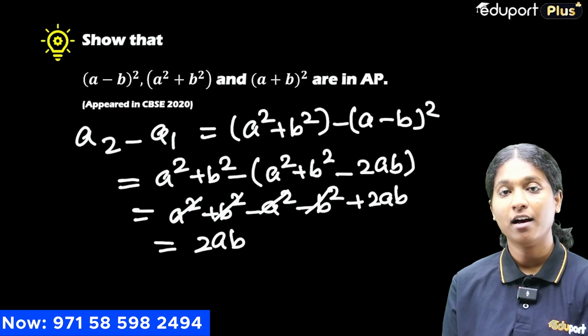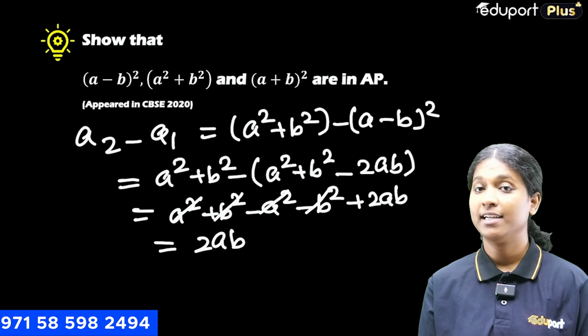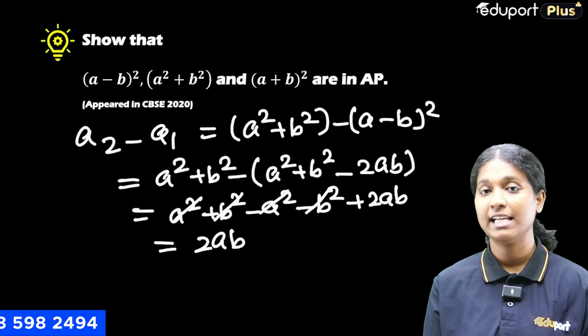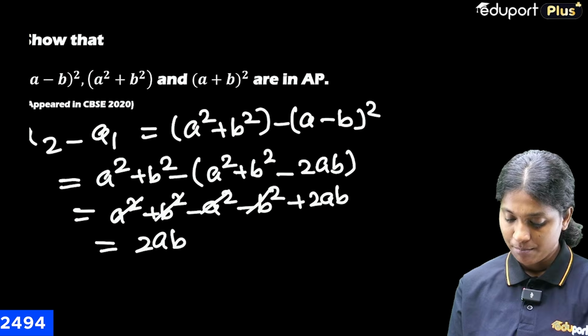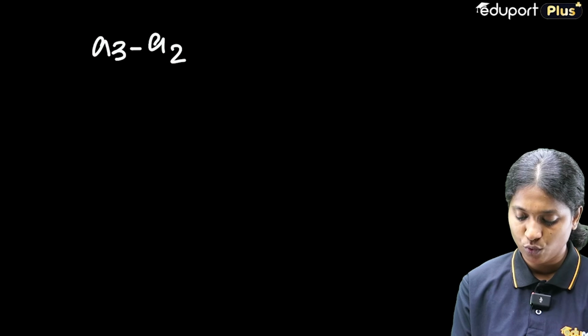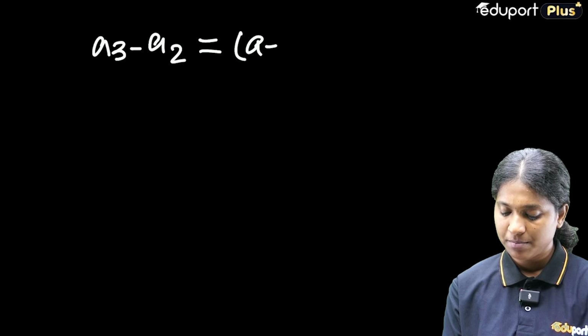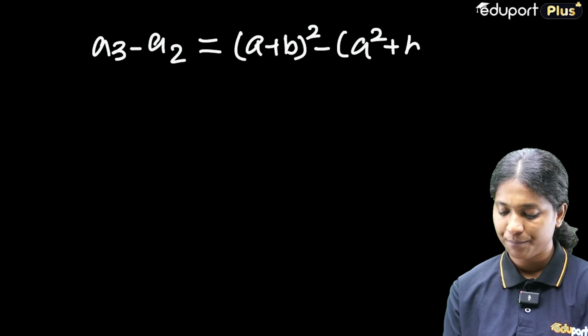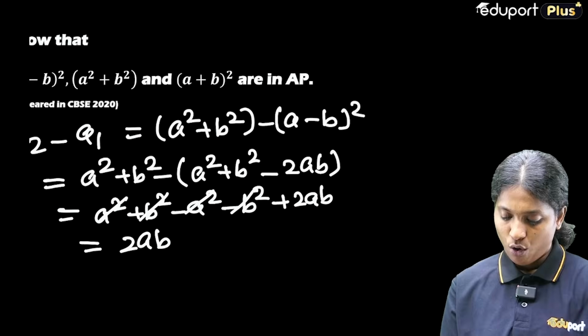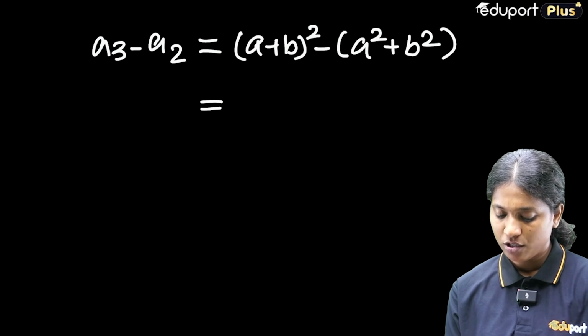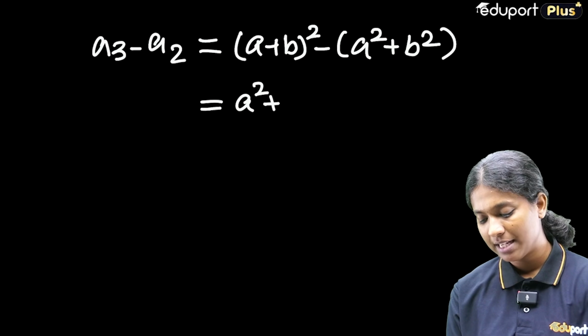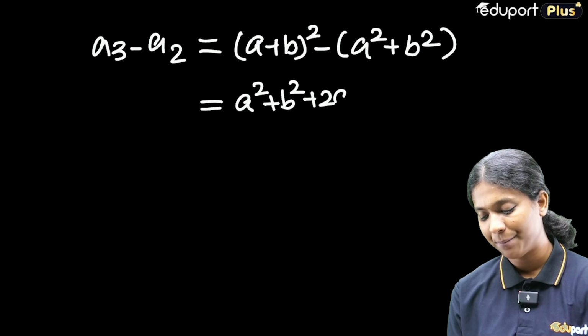Now we can check whether third term minus second term is also 2AB, then we can say it is an AP. So A3 minus A2 equal to A plus B the whole square minus A square plus B square. Now A plus B whole square, you know, is A square plus B square plus 2AB.